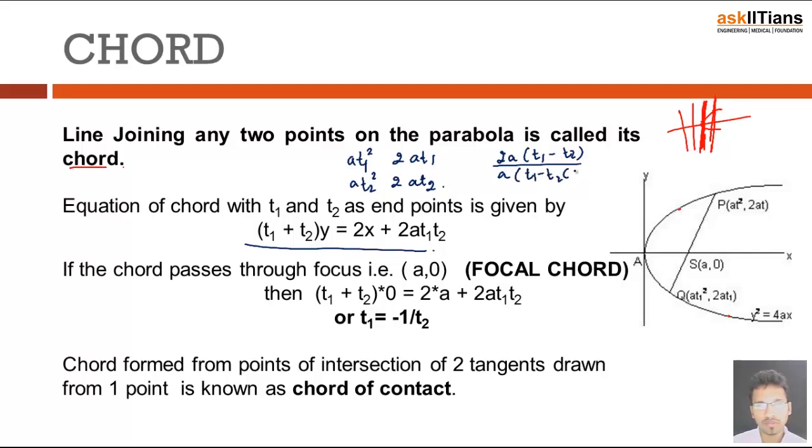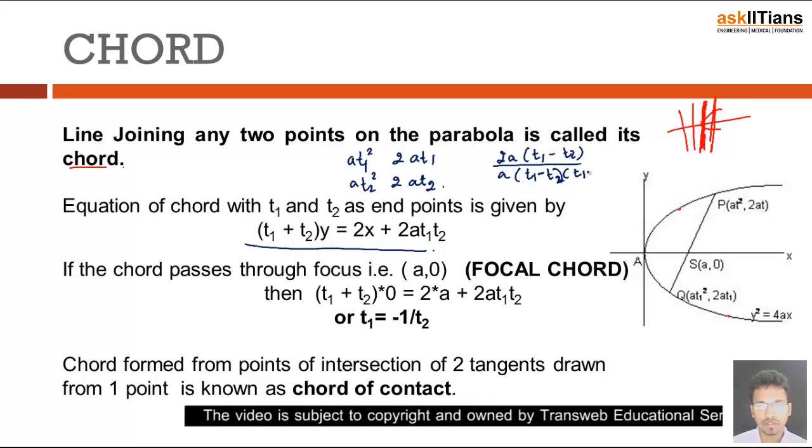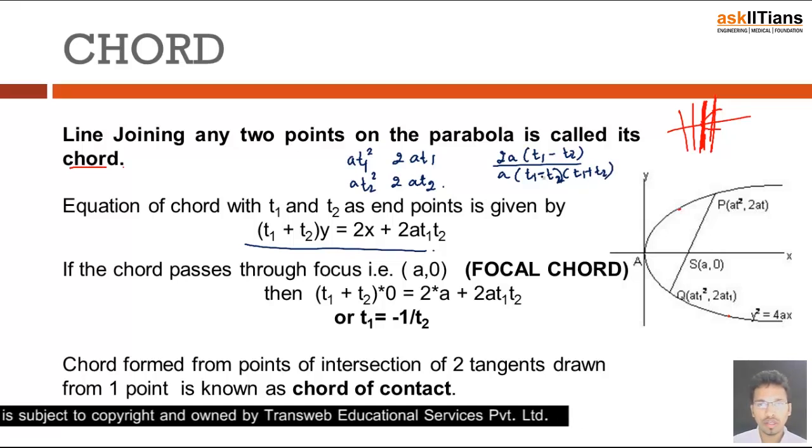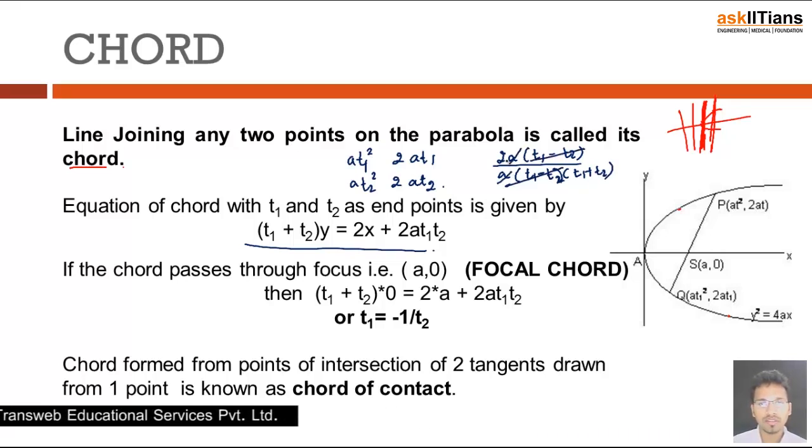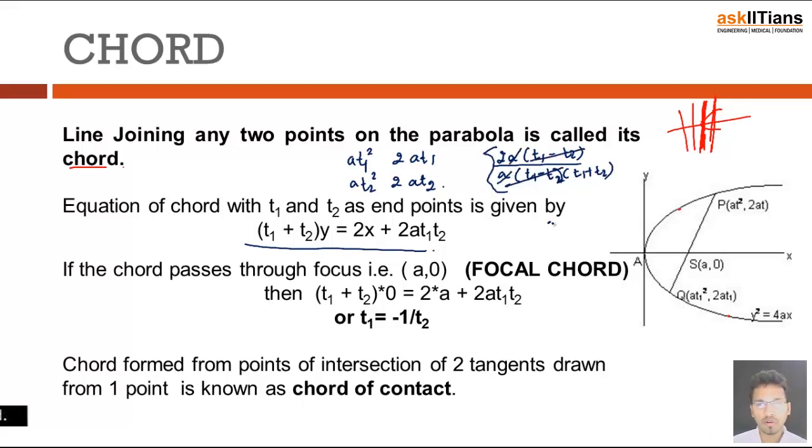We have already done something like this for the slope of a normal, but this is basically the slope of any chord, which will be given by 2 upon t1 plus t2. Now you know that you are having 2 points, you can find the equation.